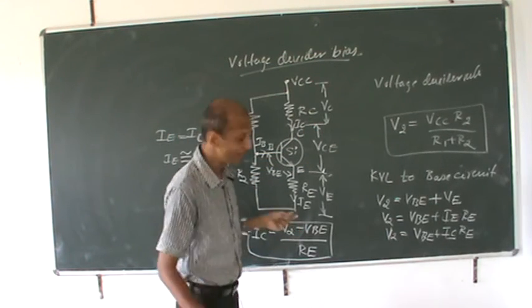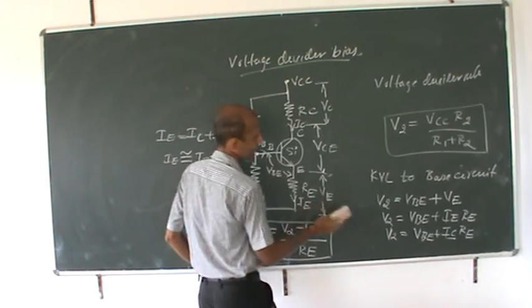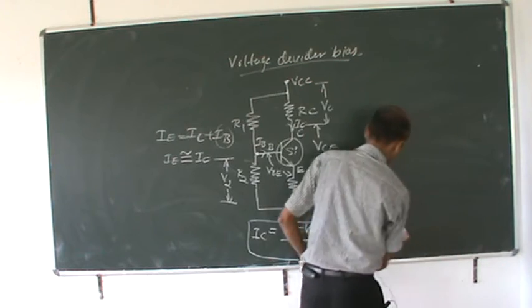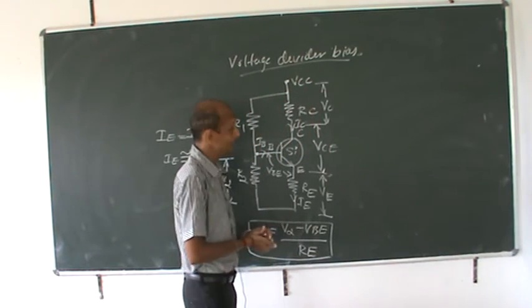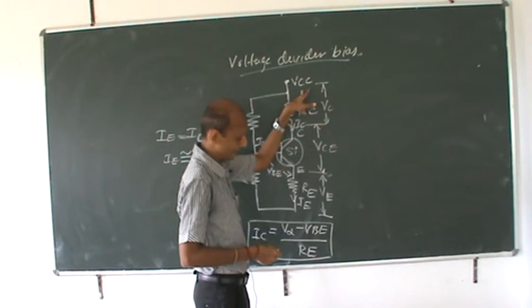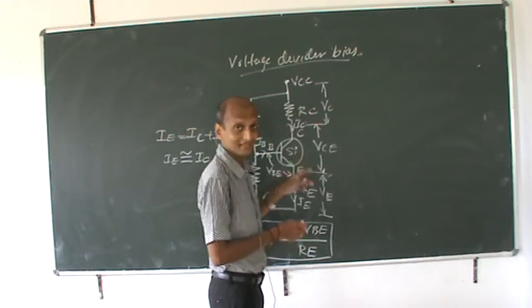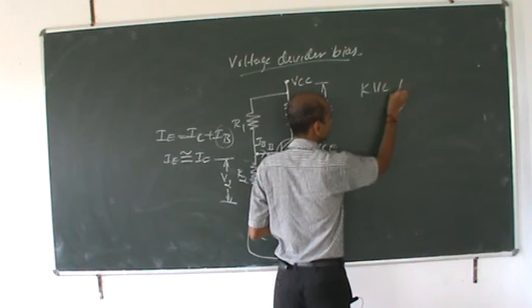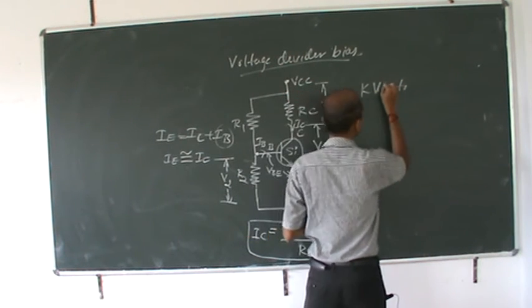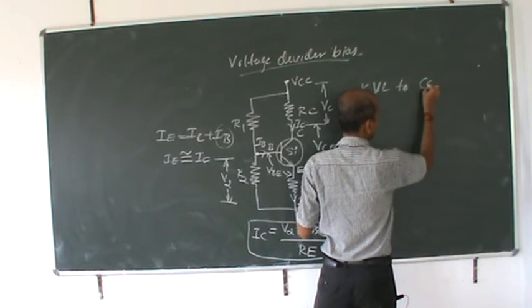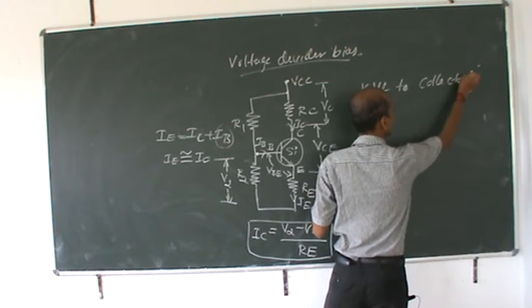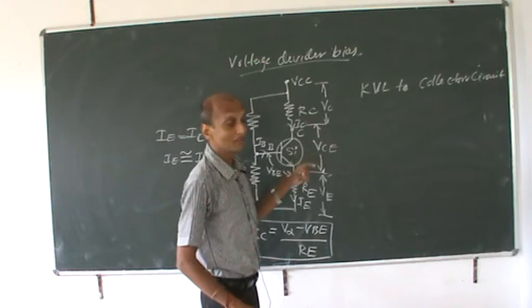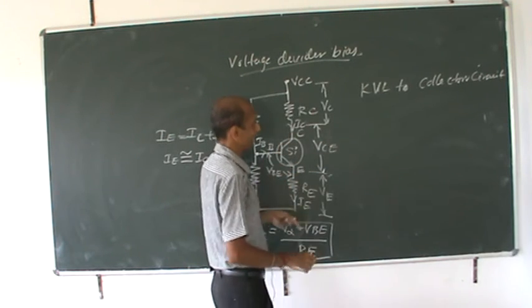Likewise, if I apply KVL at the output terminal, to the collector circuit, or the output circuit, what will it be?